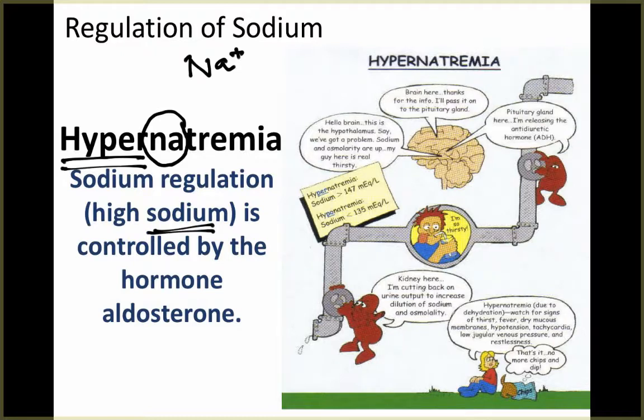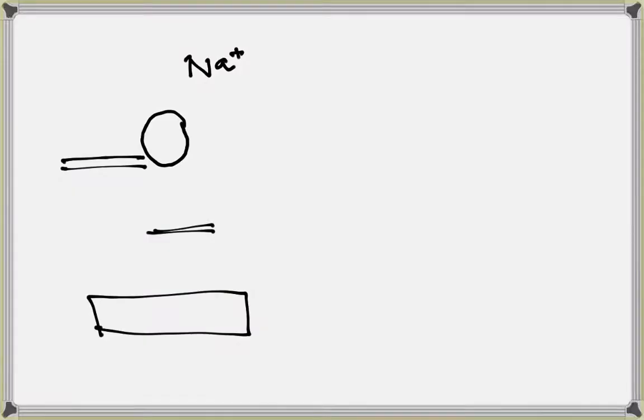Now, essentially, sodium is regulated by the hormone aldosterone. So when we're talking about this, hypernatremia can be caused by a few things, and I'm going to go ahead and put this whiteboard up here again to make it a little bit easier to see.